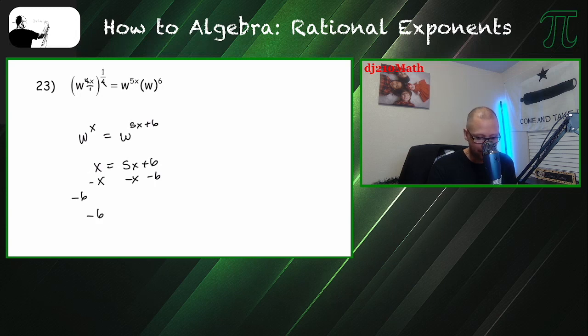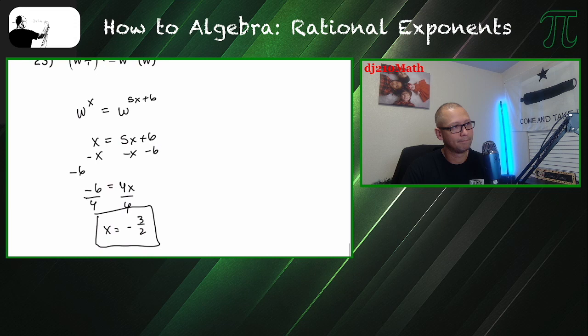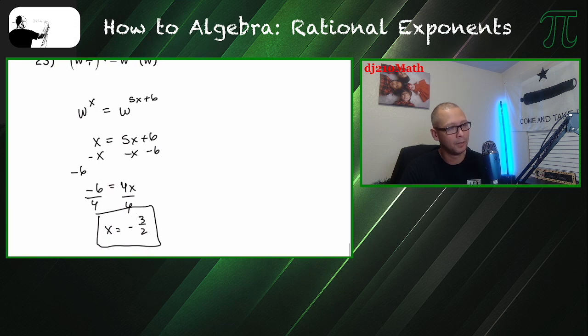So we have negative 6 is equal to 4x. And then divide both sides by 4. x is equal to negative 3 over 2.